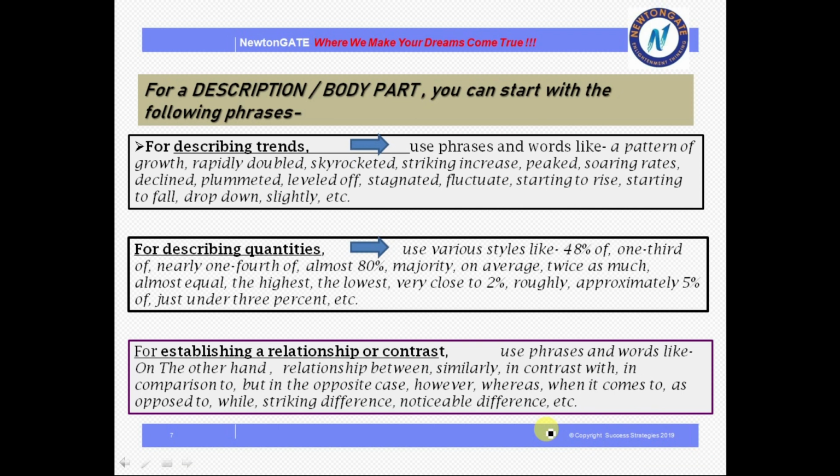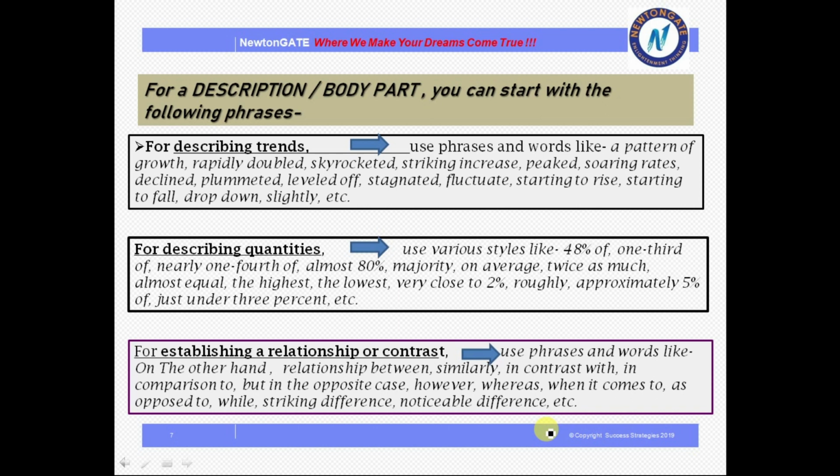Next comes establishing a relationship or a contrast, or we can simply say comparison. We can use words like on the other hand, relationship between, similarity, in contrast with, in comparison to, but, in the opposite case, etc. So here are some of the lines or phrases, please note them down, that are very, very important for you to use.